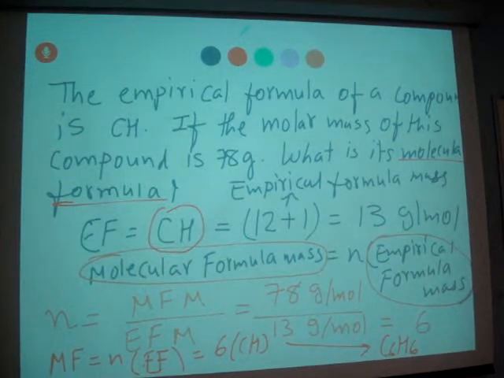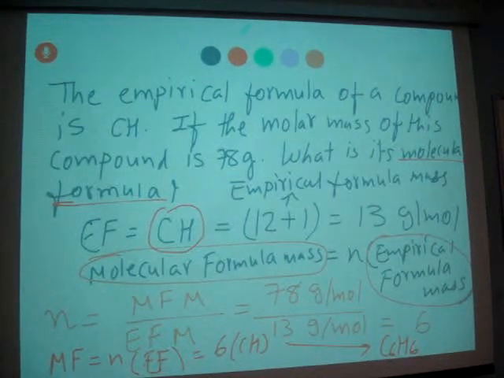So that way you can calculate, first you can find out ratio N, okay, and then you can find out molecular formula if empirical formula is given, okay. Now we are going to work on finding empirical formula from percent composition.